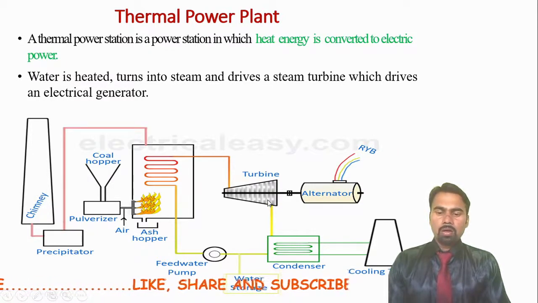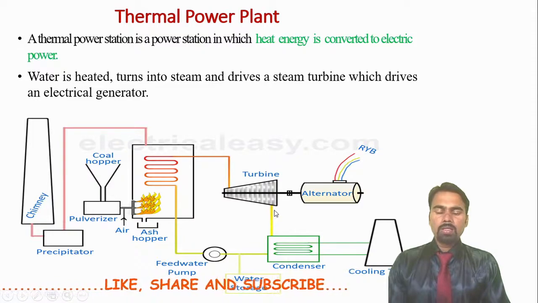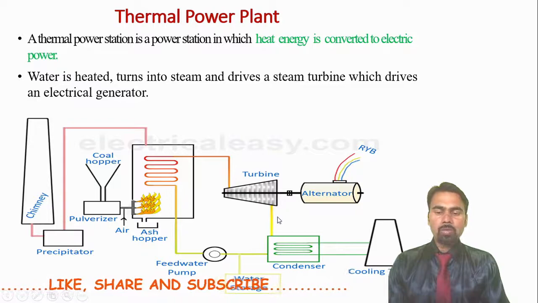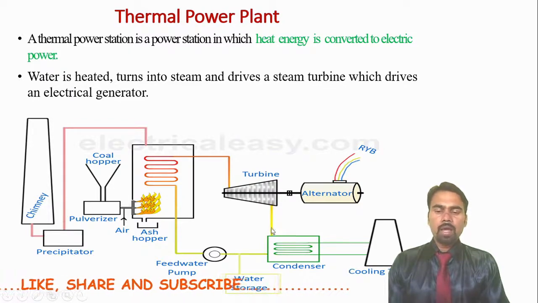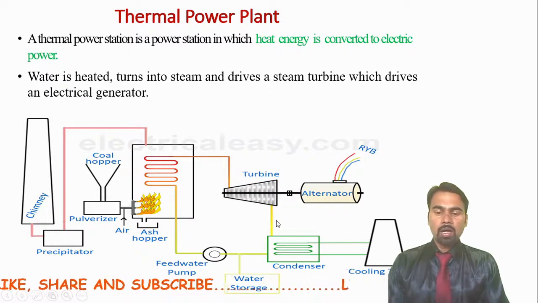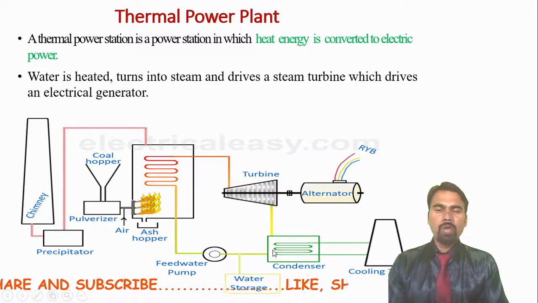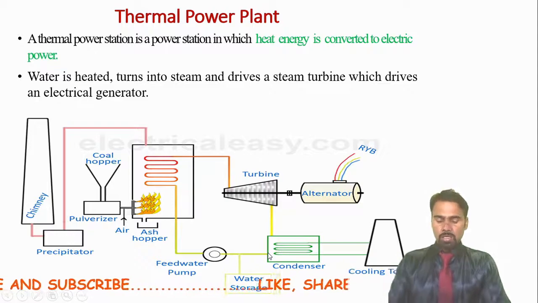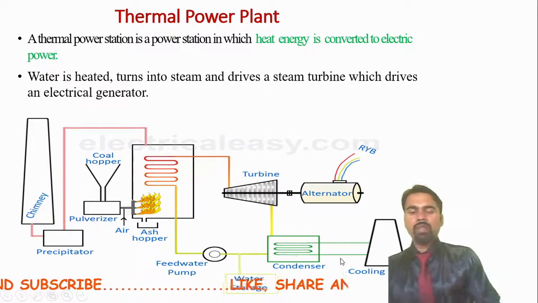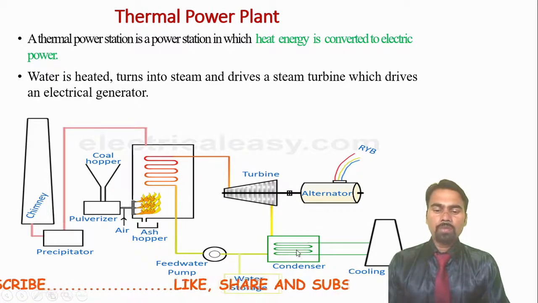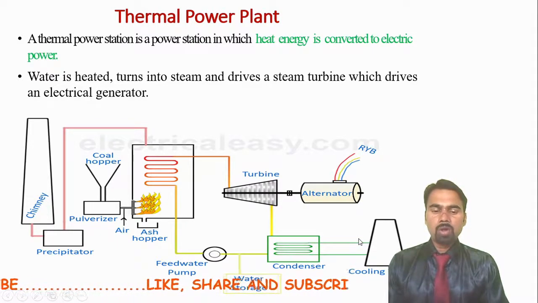Then the output of this turbine is high temperature, low pressure steam. This high temperature, low pressure steam we send into the condenser, where again heat exchange takes place with the cold water which we are sending from the cooling tower, and it becomes hot.